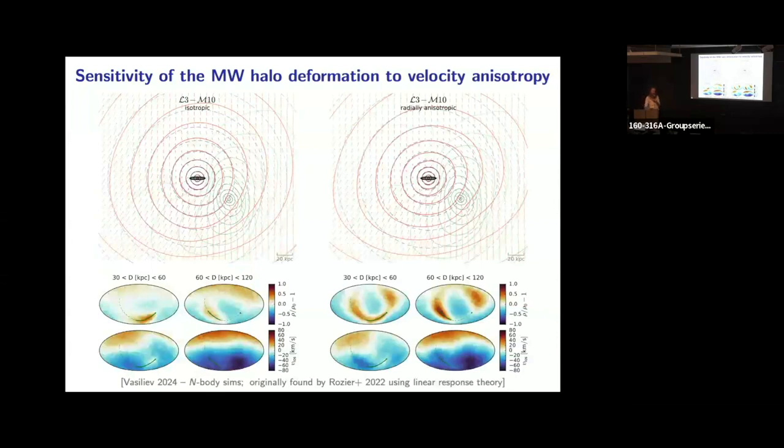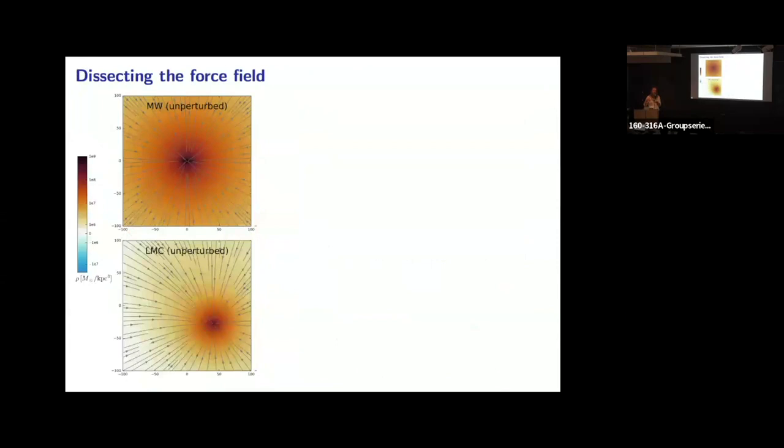But in principle, these perturbations should also come into play in terms of the gravitational potential. So Ekta was talking about moving the two galaxies around each other, but moving them as rigid potentials. But of course, since the galaxies are distorted, we have to think about what happens when we look at the forces that are induced by these perturbations themselves.